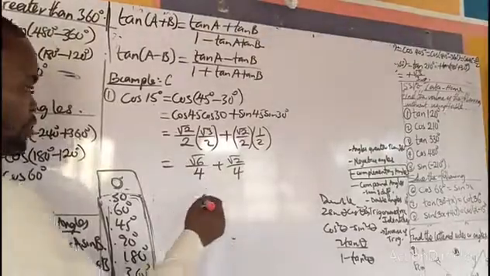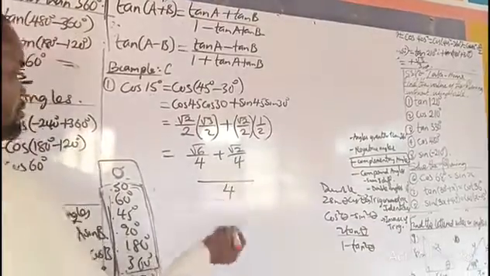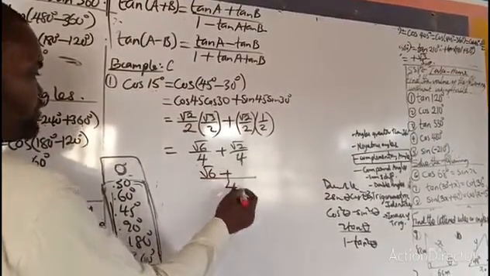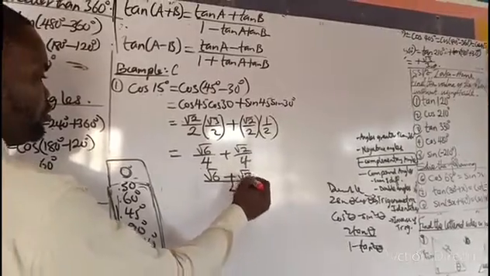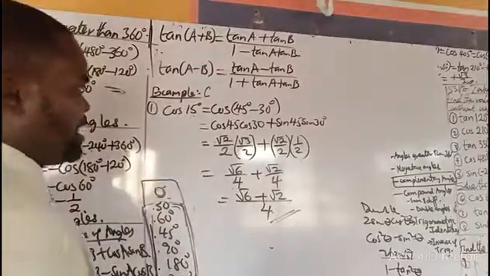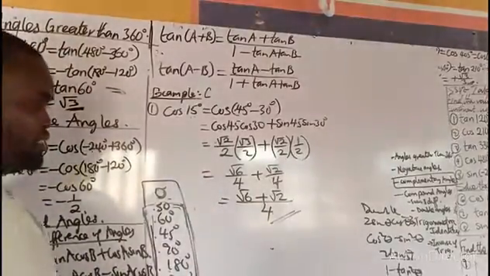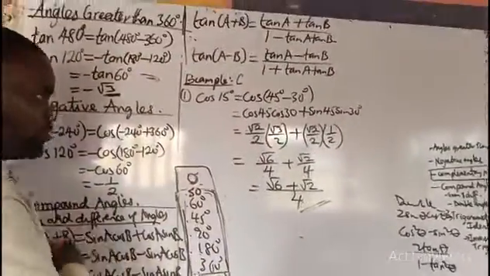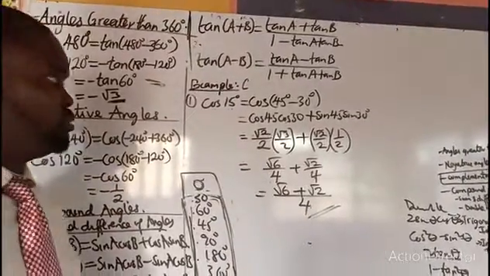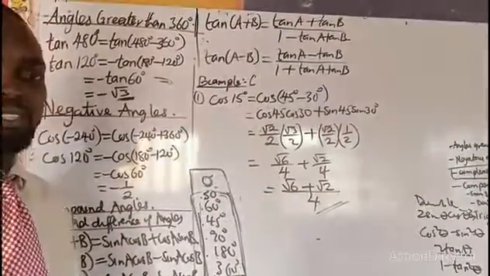By LCM, the LCM is 4. 4 divided by 4, 1 times root 6, plus 4 divided by 4, 1 times root 2. And that is our answer. So that is just how you do it. Anyone you are given, you also resolve it into what you have, and then voila, you'll be able to do it. Is that understood?